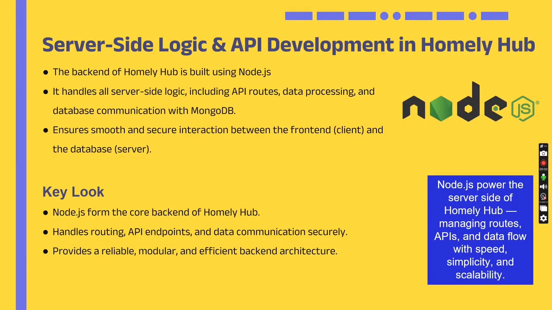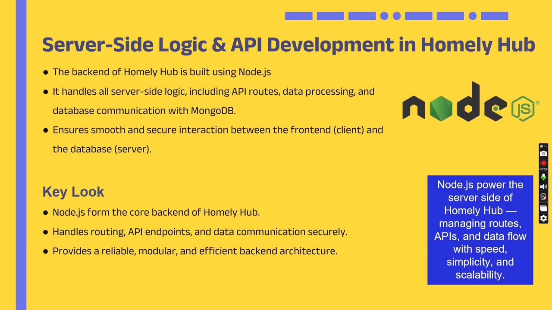It's an environment that allows developers to run JavaScript outside the browser, mainly on the server side. Normally, JavaScript only runs in a web browser, but Node.js enables it to be used for backend development by letting it run outside the browser.